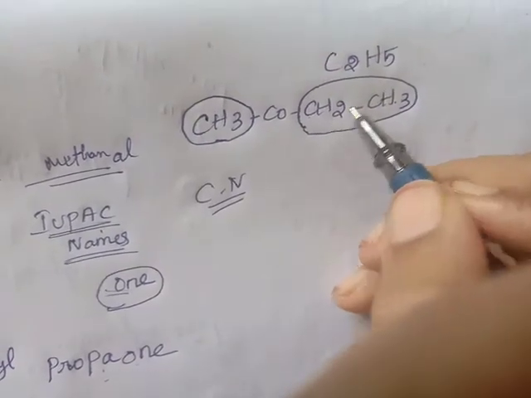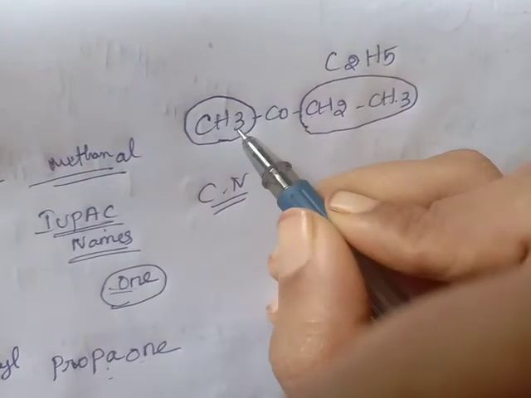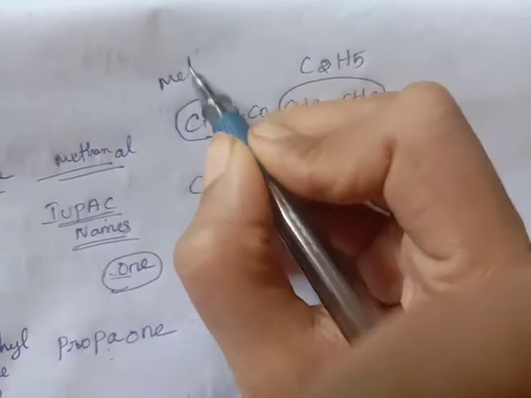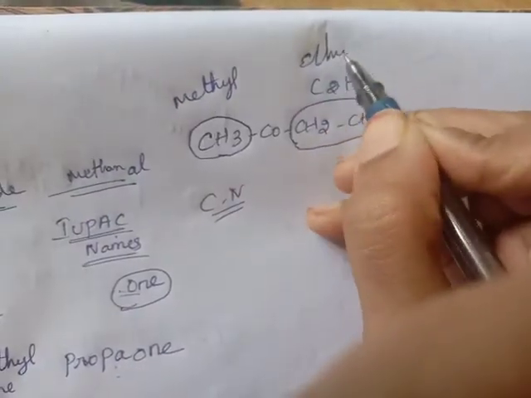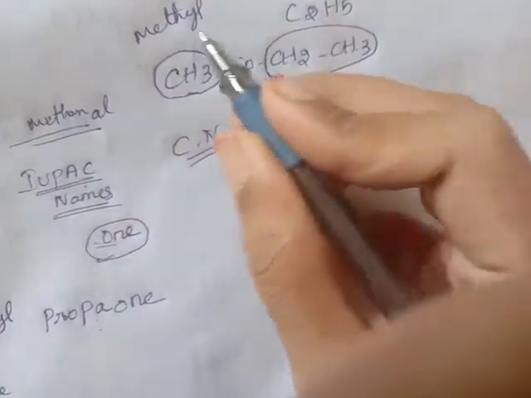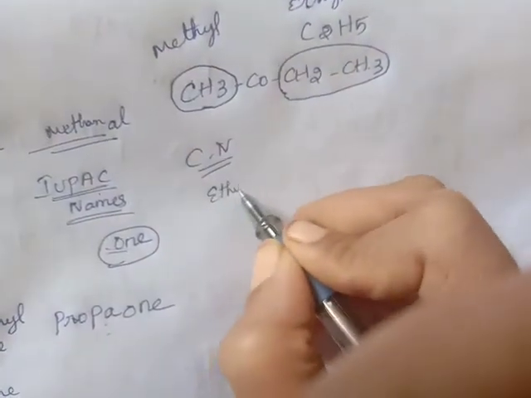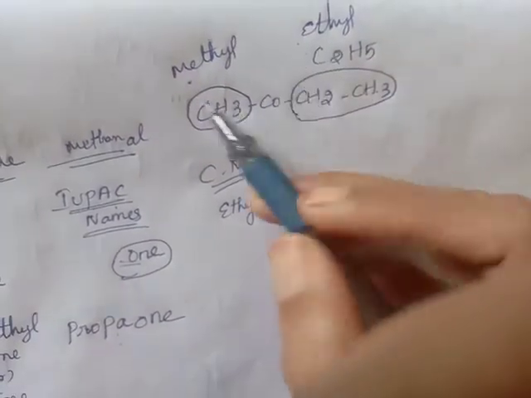So we can write C2H5 as CH2-CH3 also. So one methyl group and one ethyl group are present. So what will come? Ethyl methyl ketone. According to alphabetical order, we have to write it this way. We should not write methyl ethyl ketone. We have to write ethyl methyl ketone.